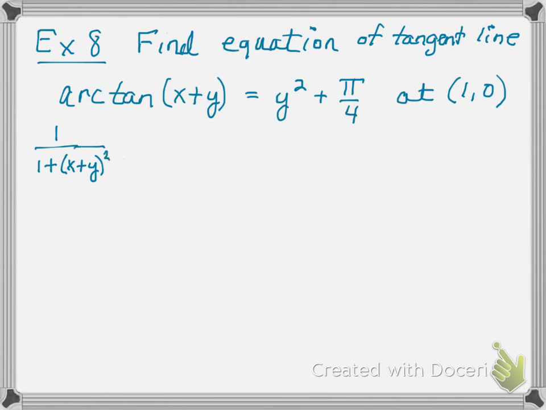And now, since this is more complicated than just an x, I have to multiply times the derivative of this. And the derivative of this would be 1 plus y prime, using implicit differentiation. All right, and then the derivative of this one over here is going to be a 2y prime, and then the pi over 4 is a constant, so it will become a 0.